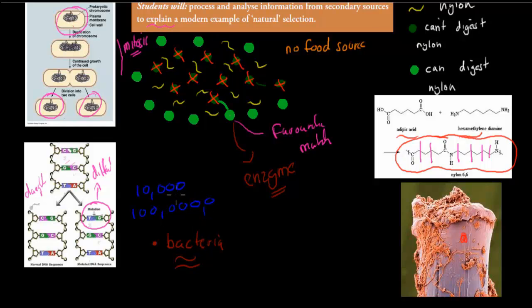In our lifetime, we wouldn't be able to see an animal change to a different animal, because we only live for 100 years. But because bacteria spawn so fast, we can observe evolution in bacteria. We wouldn't be able to observe evolution occurring in an animal or an insect in our lifetime. It would take too long. But we can observe it in bacteria, and we have with that nylon eating bacteria.